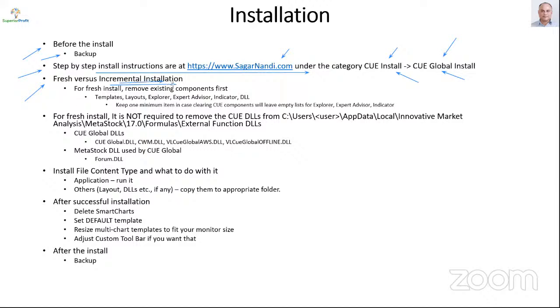That is what is meant by incremental installation. When you are doing incremental installation, if you want, you may remove the existing components. The existing components meaning templates, layouts, explorers, expert advisor, indicators, and even DLLs.